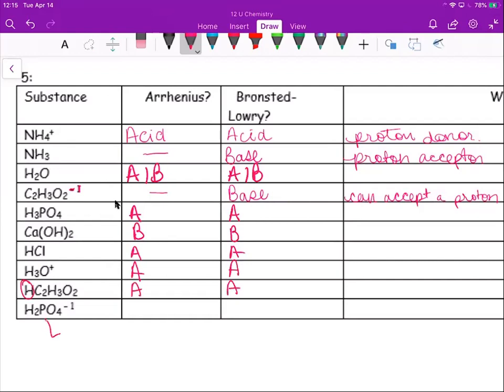And then this one here is the tricky one, okay? So this can be both acid or base.